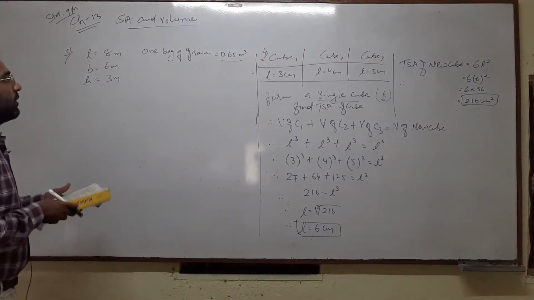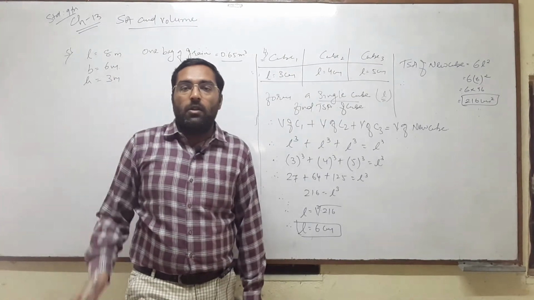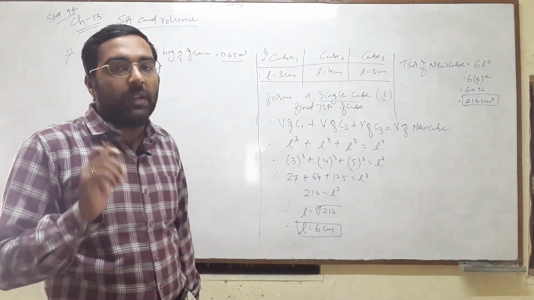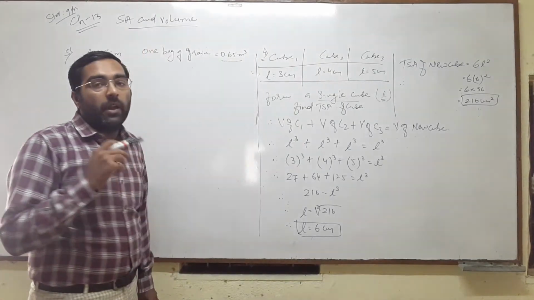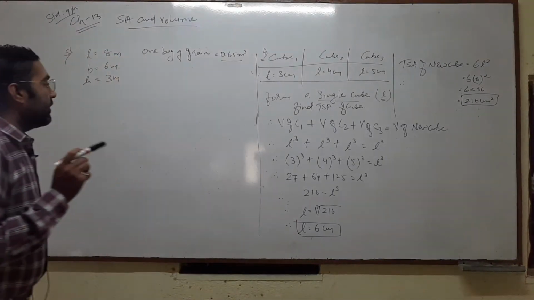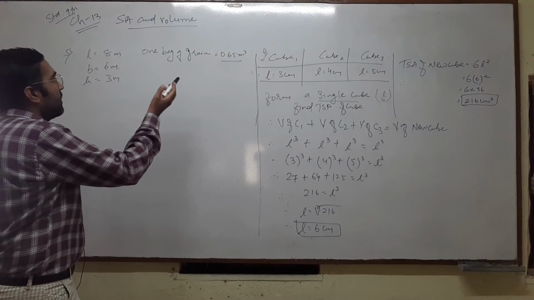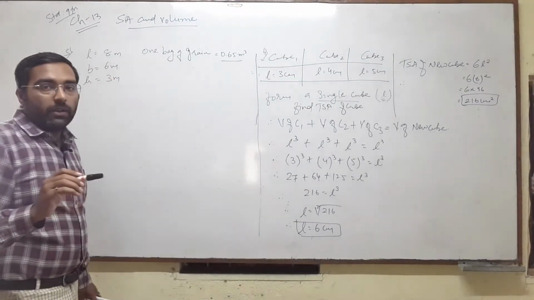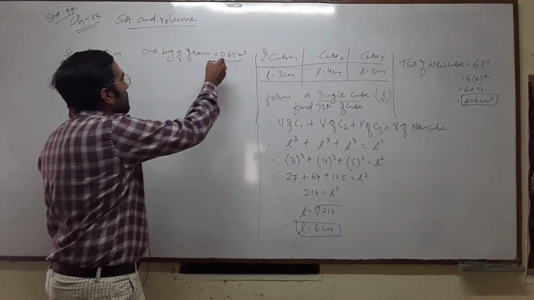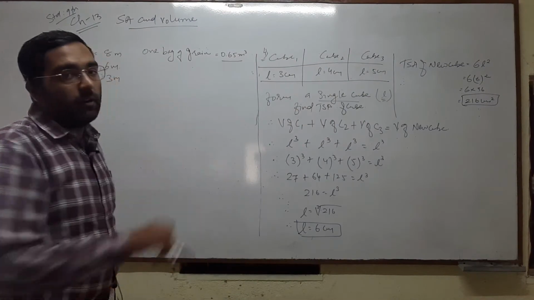So we know from the previous lecture, I already told you that whenever we have to find the number of bags, number of tiles, number of bricks, number of anything, for that we have to divide the bigger thing, that is the volume of the granary, by the smaller thing, that is the volume of one bag of grain.